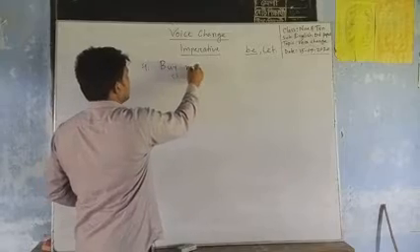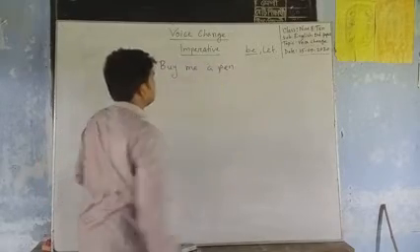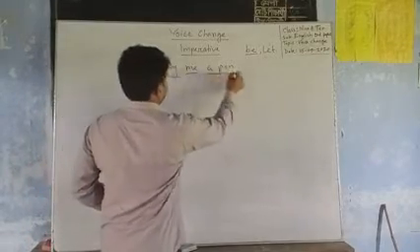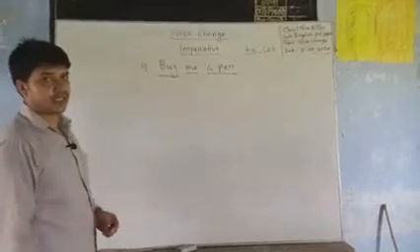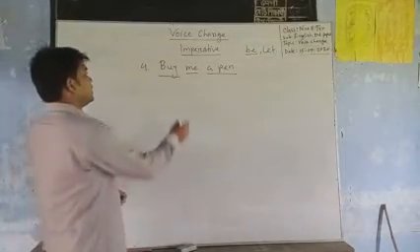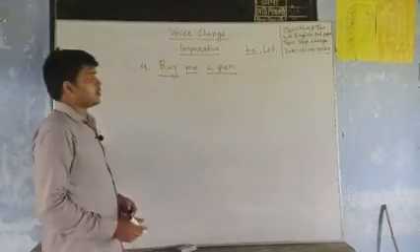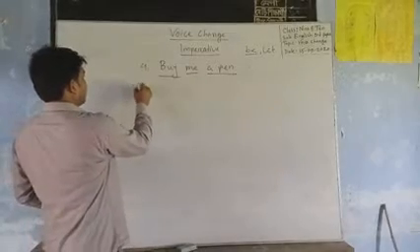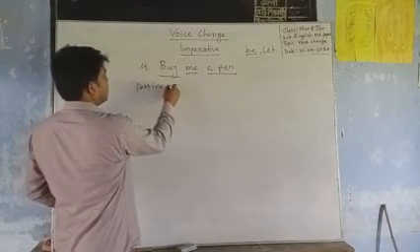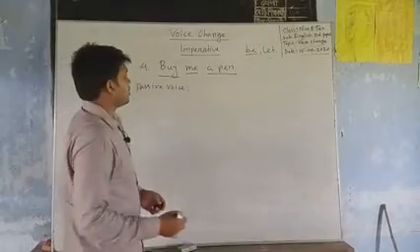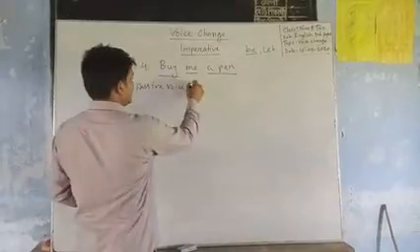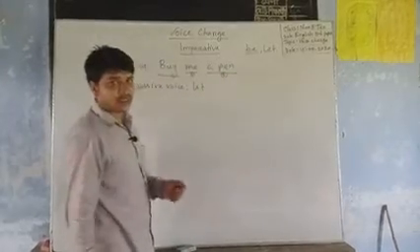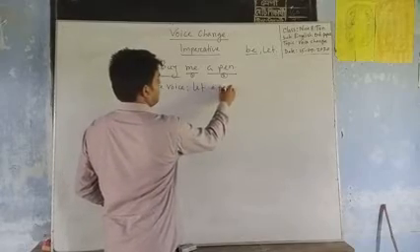Buy me a pen. Dear learners, this is the verb, this is an object, this is an object. So there are two objects. So for this sentence, how can we change it? At first, for the passive voice of the imperative sentence, the passive form starts with let, and then comes the second object first: let a pen.